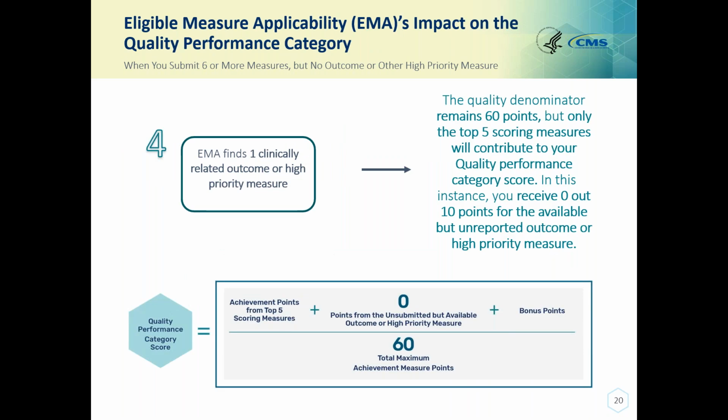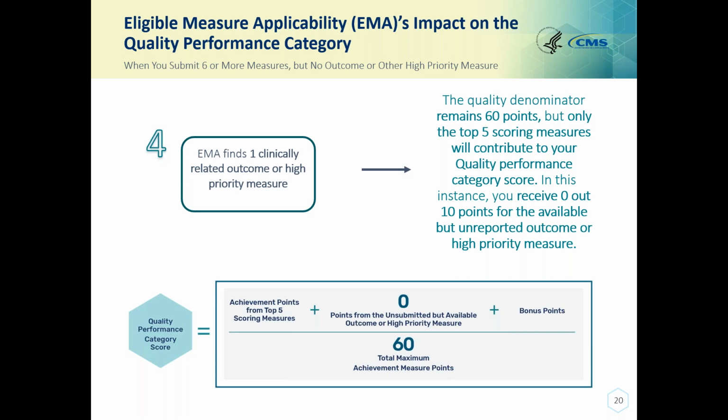In our last one, EMMA finds 1 clinically related outcome or high priority measure. So the denominator remains 60 points, but only the top 5 scoring measures contribute to your quality performance category score. In this instance, you receive 0 out of 10 for the available but unreported outcome or high priority measure.